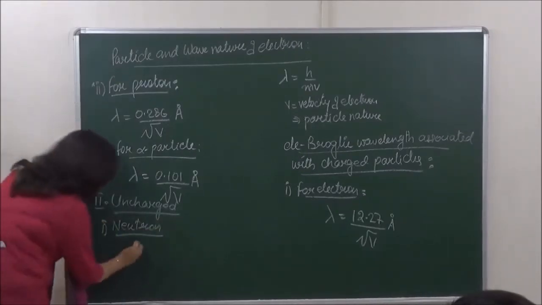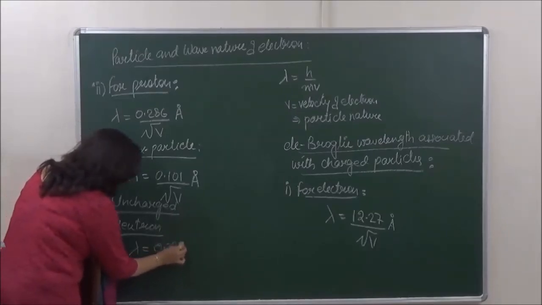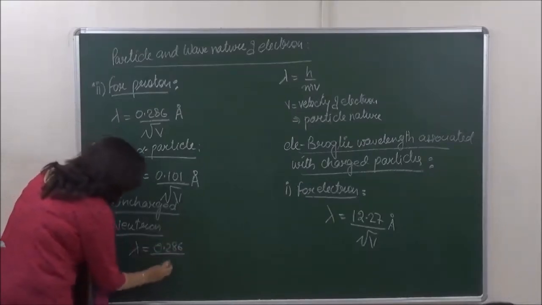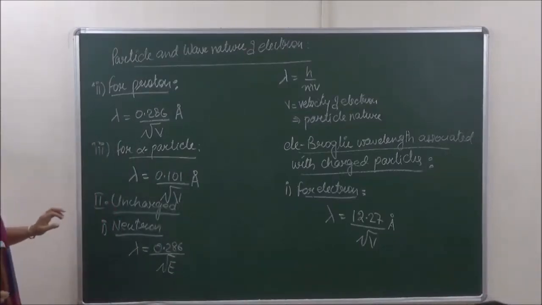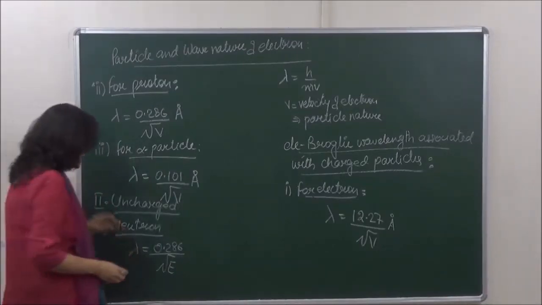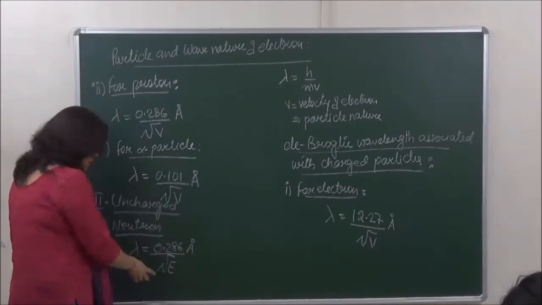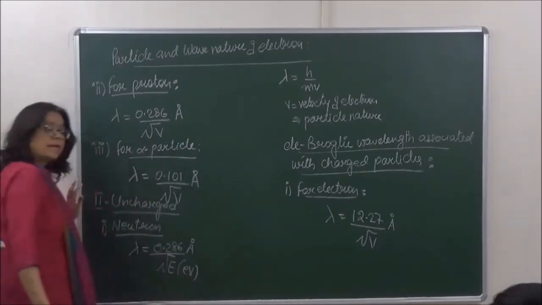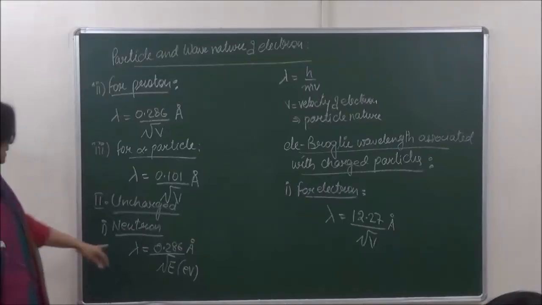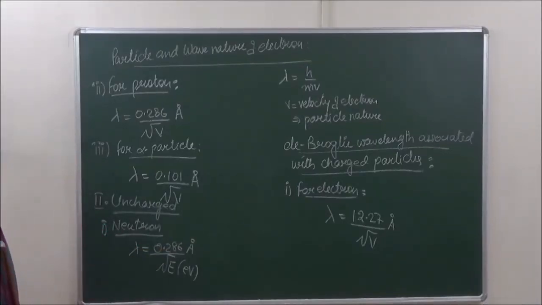For that, lambda is equal to 0.286 upon under root of E. Right? Now the energy E which we are taking over here has to be first converted into electron volts. So lambda becomes equal to 0.286 upon under root of energy.